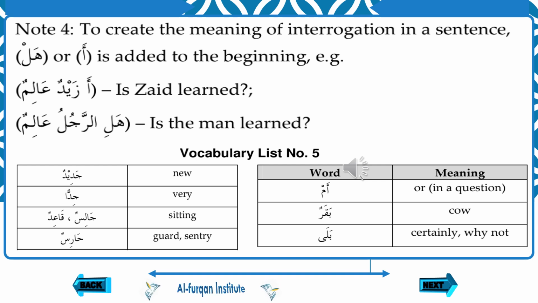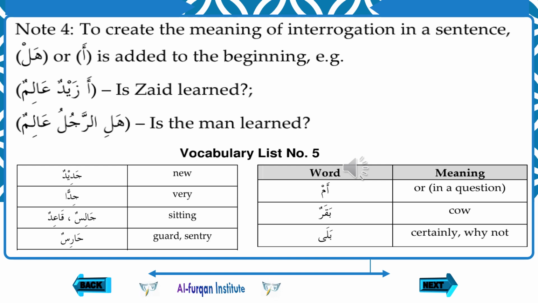Is Zaid a learned person? So hal rajulu alimu, is the man learned? So that is the way of asking a question using hal and a. So this will be the end of our lesson 6. So we shall be heading to the vocabulary list number 5.